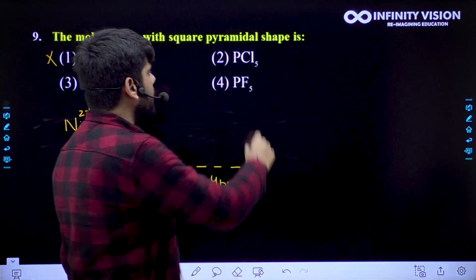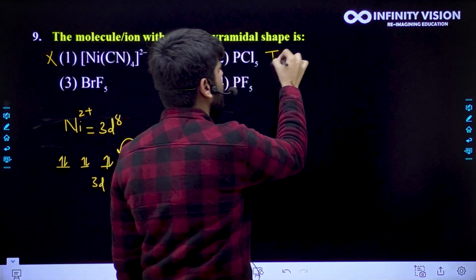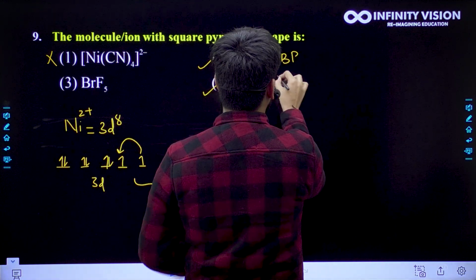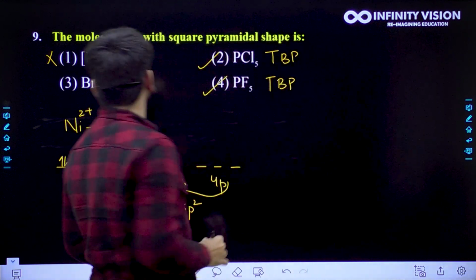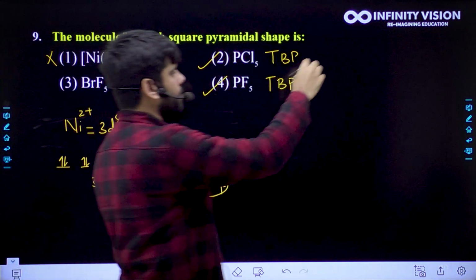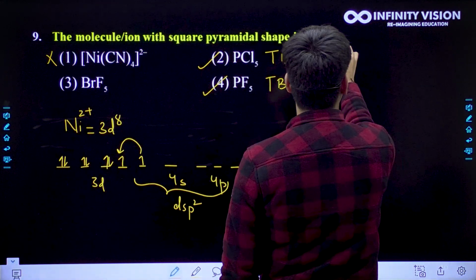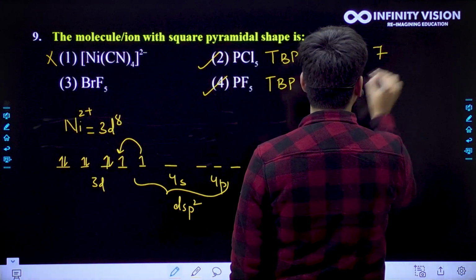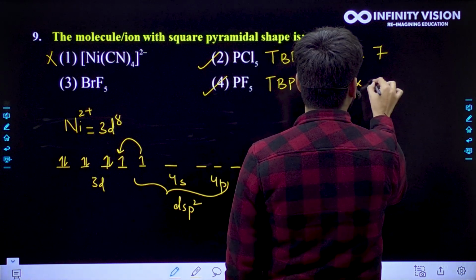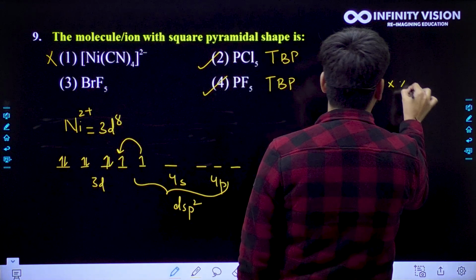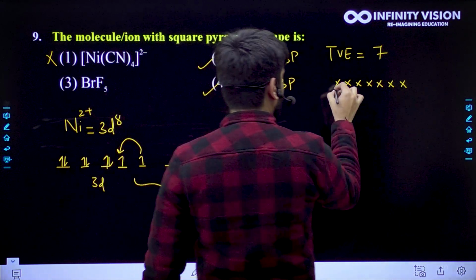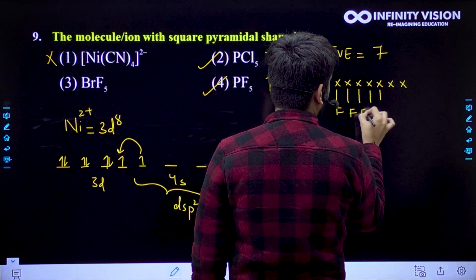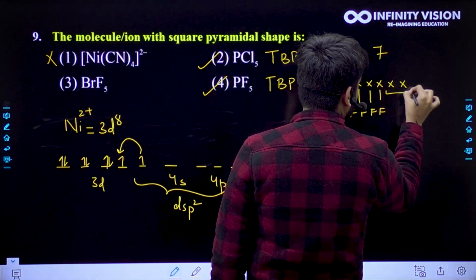If we see B, it is simple. This is trigonal bipyramidal, right? Same goes for the fourth. It is also trigonal bipyramidal. Now, if we see the third option, let us discuss the bromine. The total valence electron count of bromine is 7. And there are 5 fluorines, so 5 bond pairs, 5 bonds with fluorine. What we get is 1 lone pair.